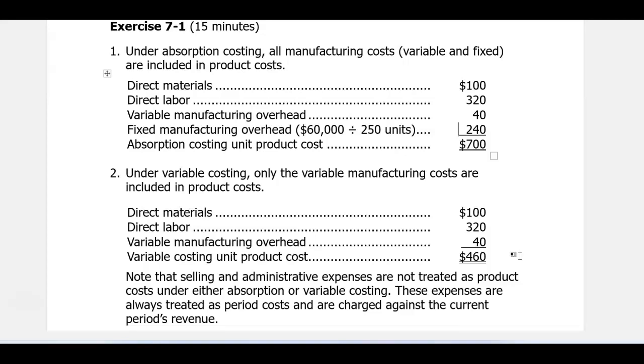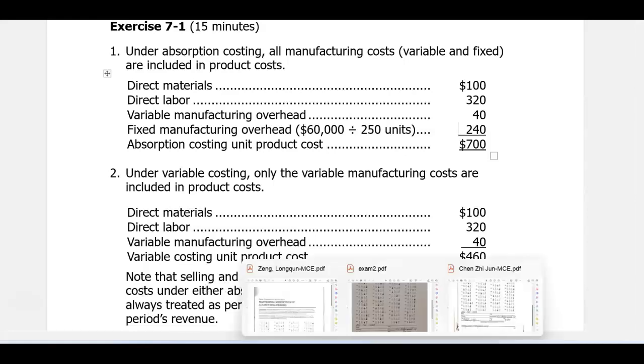If we don't produce anything, the fixed expenses, no matter what, either you like it or not, is gonna happen. Make sense? That's why it's important also to understand what is the variable cost. Note that selling administrative expenses are not treated as product cost under either absorption or variable costing.